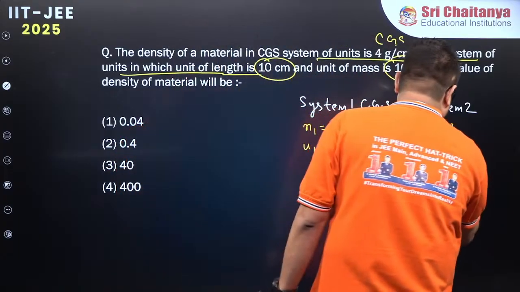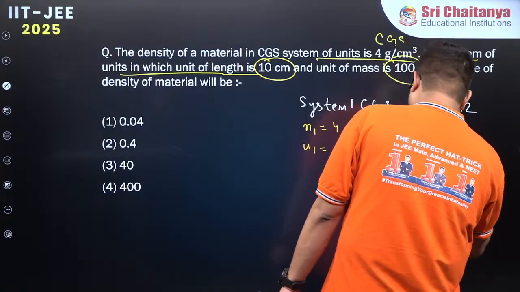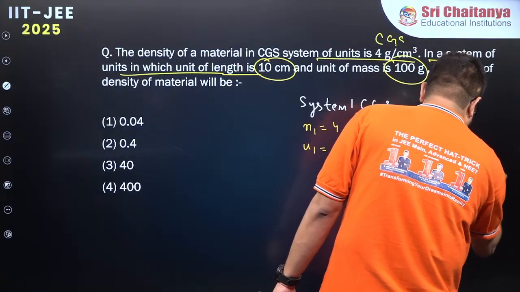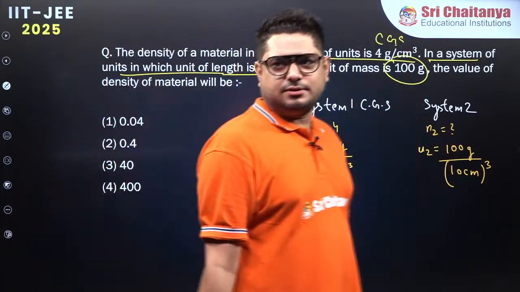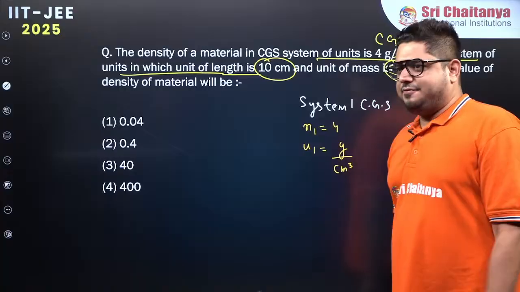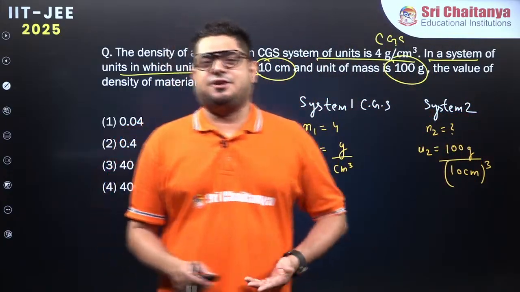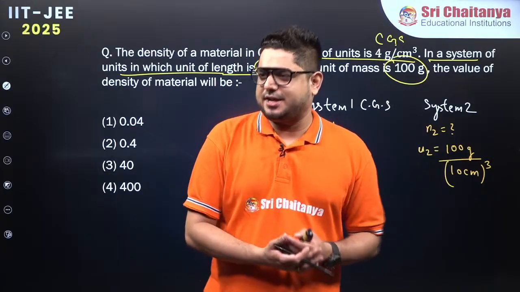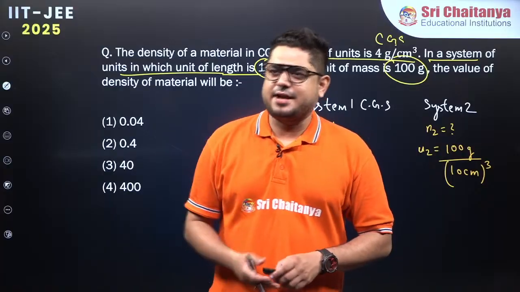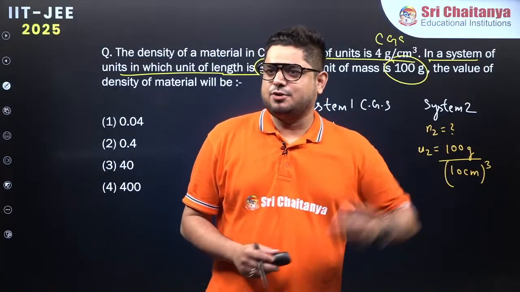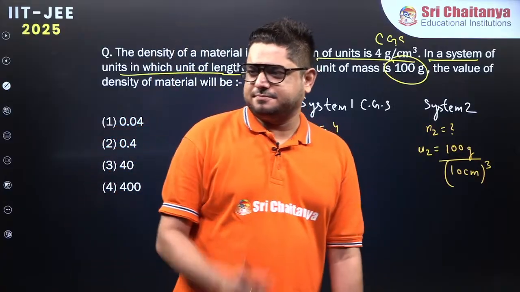So I will write down U2 as 100 grams divided by 10 centimeter whole cube. I hope it's clear, the value of U2 that I'm writing down. If yes, give a thumbs up, hit the like button, and let's proceed, because this final session of ours should be really interactive in nature. I hope you all are getting what I'm trying to say, how I'm writing U2 as 100 grams by 10 centimeter whole cube.